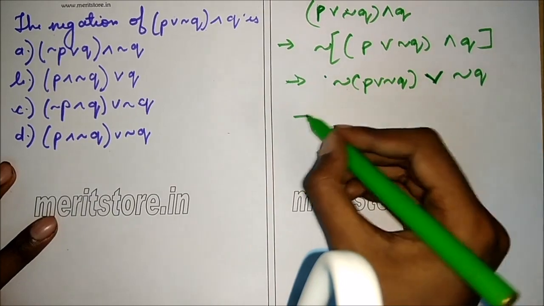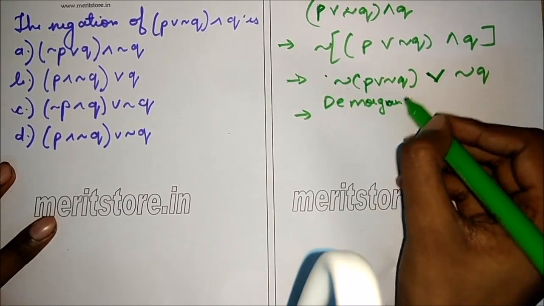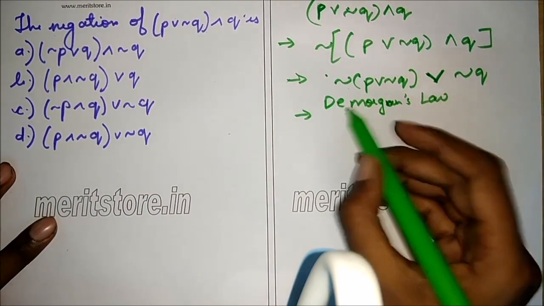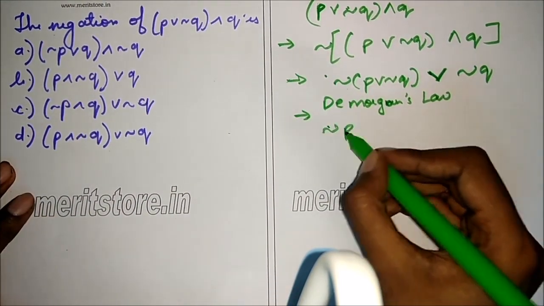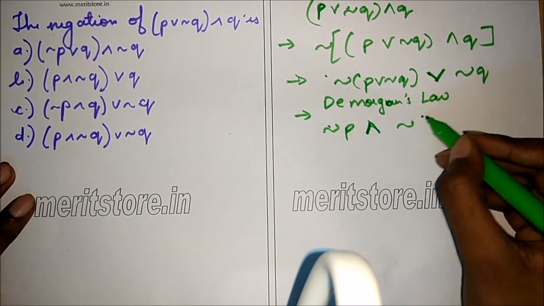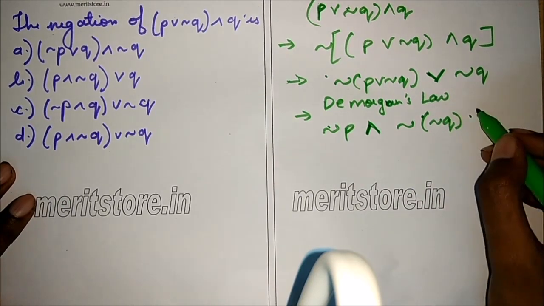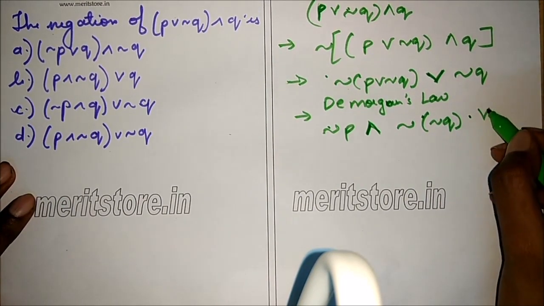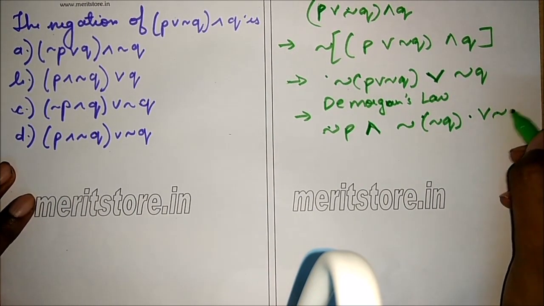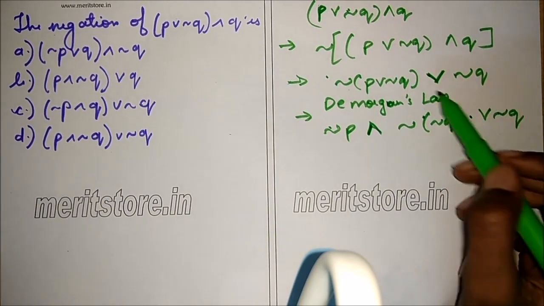So now by De Morgan's law, we can say negation of P and negation of negation Q or negation Q. That is, we are bringing this negation Q inside the bracket.